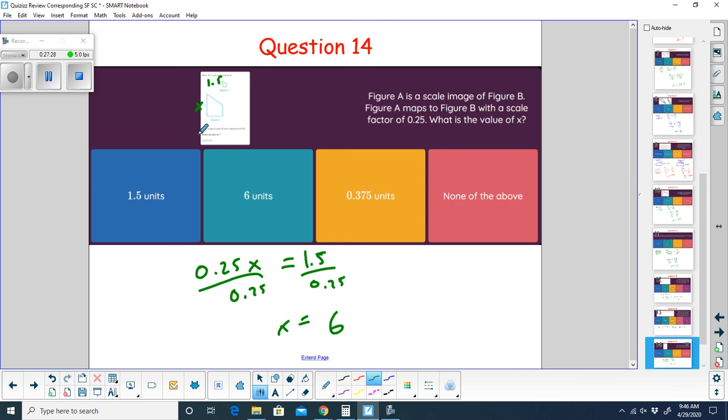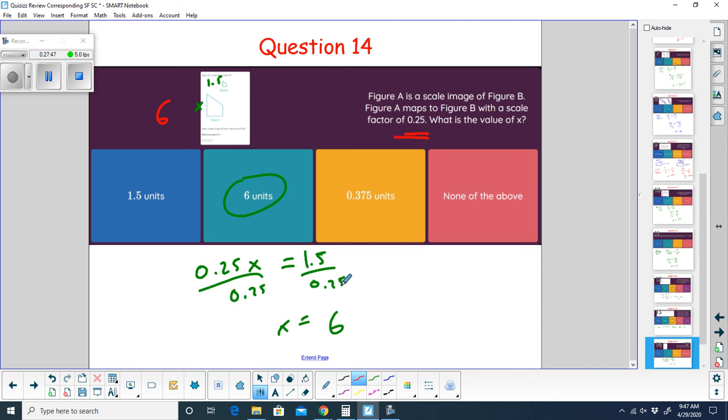So if this side here is 6 units, 6 times a fourth, or 0.25, would give me 1.5. So it got smaller. That makes sense because we used a scale factor of 0.25, less than 1.